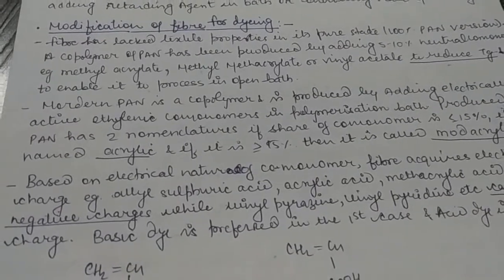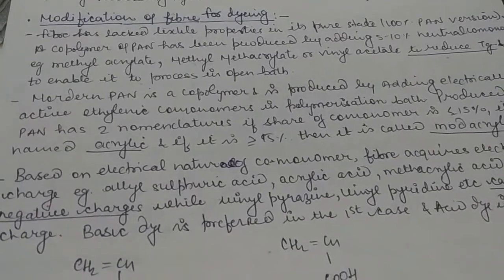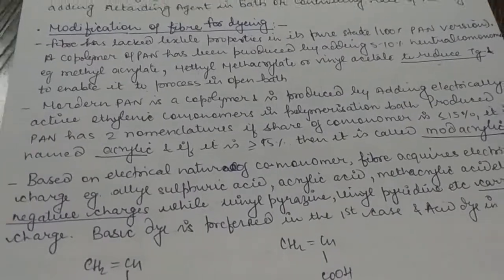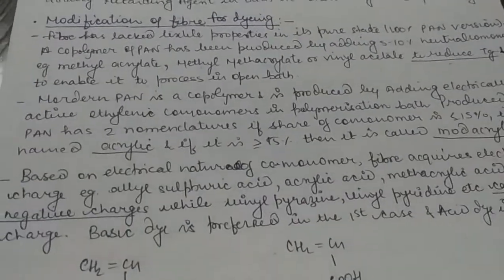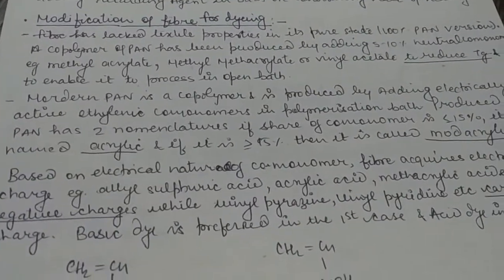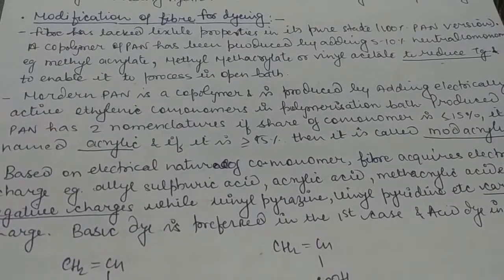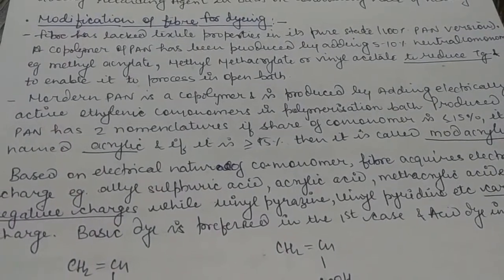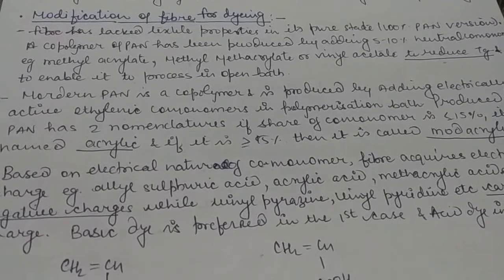On the nature of the comonomer, the type of dye for dyeing acrylic fiber is selected. If the comonomer added is less than 15%, then polyacrylonitrile is named acrylic.